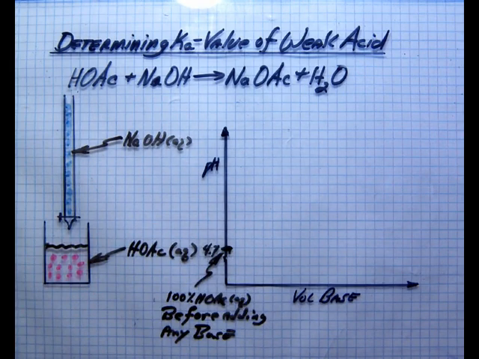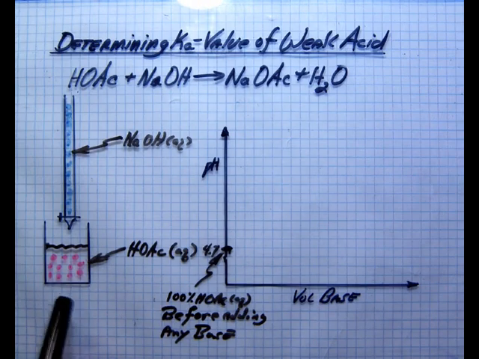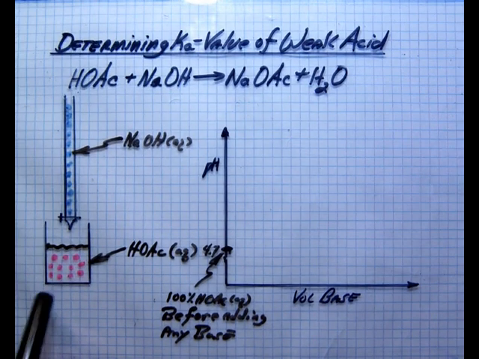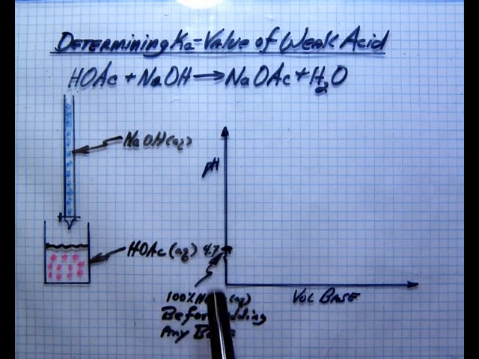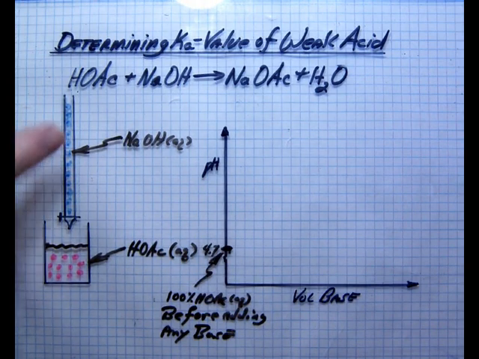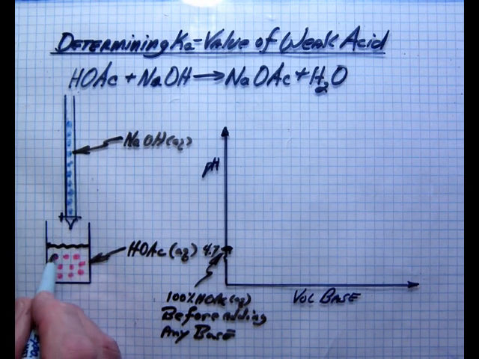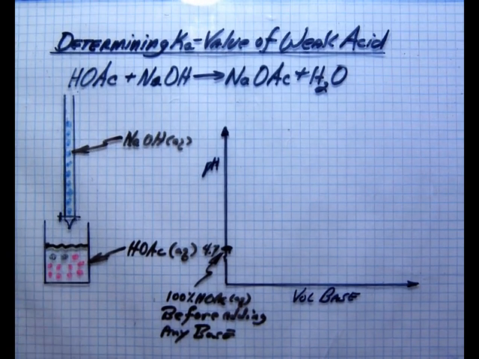What we'll do is add portions of the base into the acid and monitor the pH as a function of the volume that we add, and we'll generate a pH curve. So as we start, we open the buret and put a small amount of base into the solution, and we neutralize a couple of dots, so to speak.